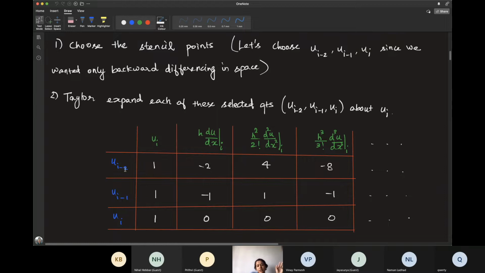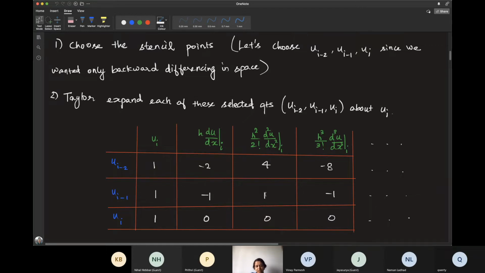But for each of these, the coefficients will be different depending on what displacement you have. For ui, you'll have only 1 in place of ui, and the rest will be 0. For ui minus 1, you'll have 1, minus 1, 1, minus 1 alternately, because the distance between ui and ui minus 1 is minus h. So you have minus 1 here.